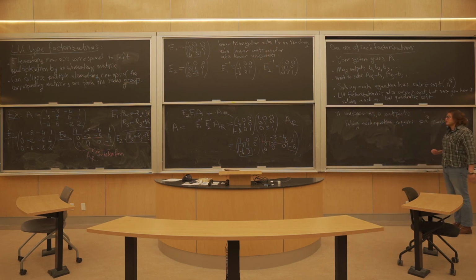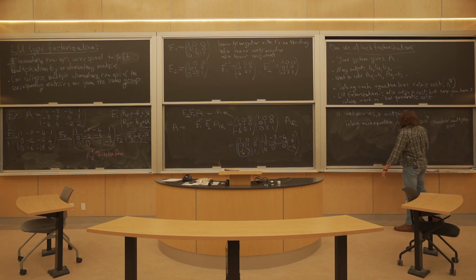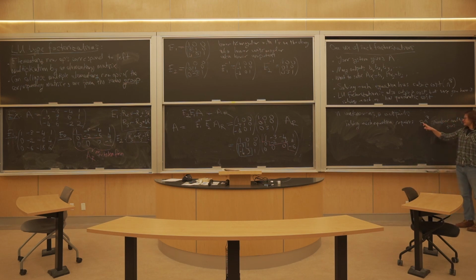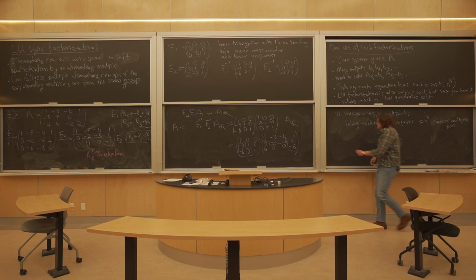Instead, if you do LU and then solve each of these systems using this LU factorization, the cost ends up being n cubed plus p n squared.